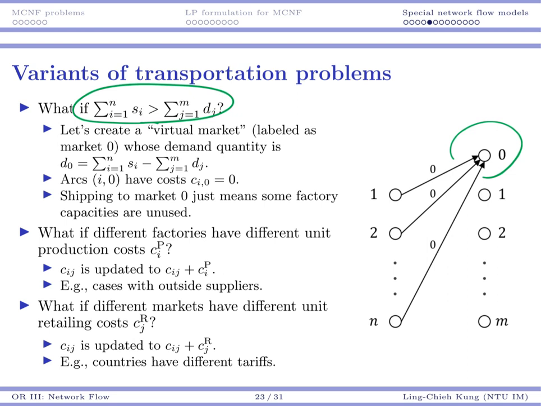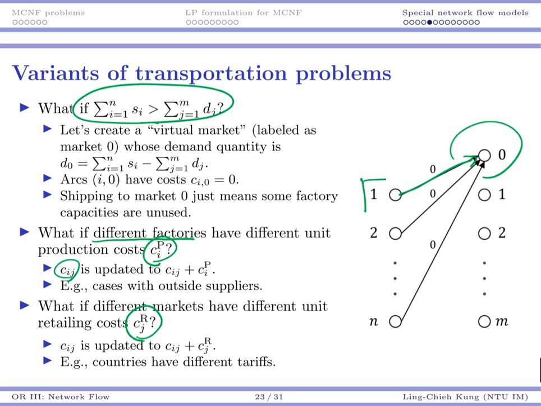It's also possible that your costs are not just on routes. You also have costs on factories or on retail sites or markets. In that case, all you need to do is update your C_ij.